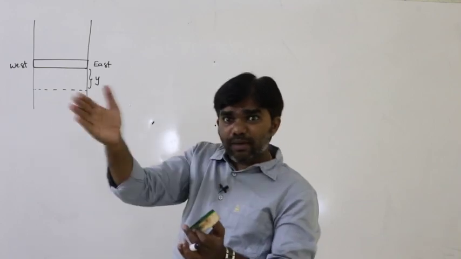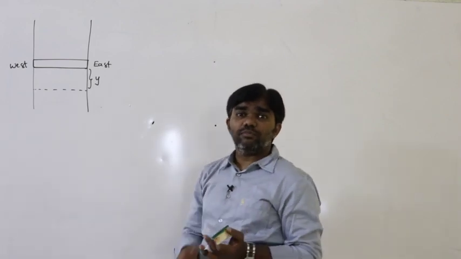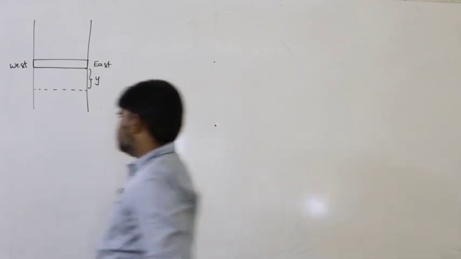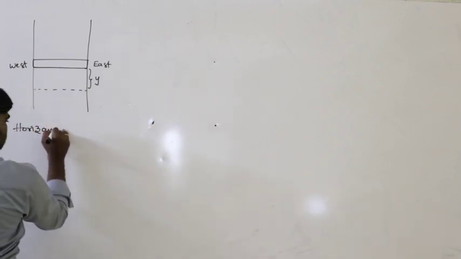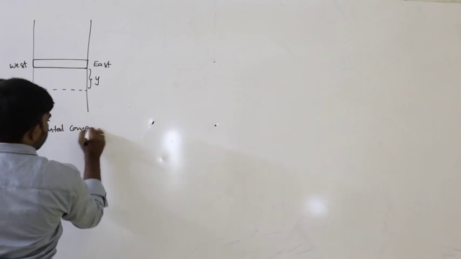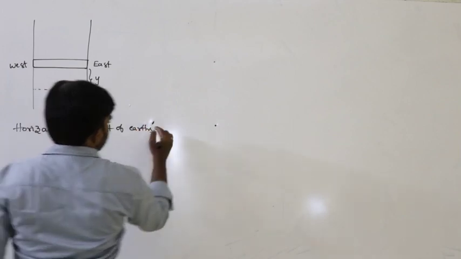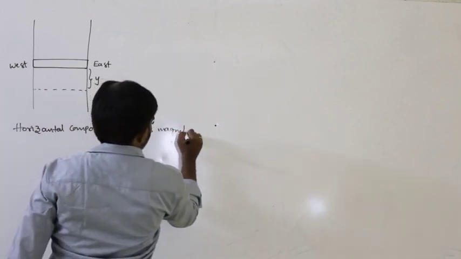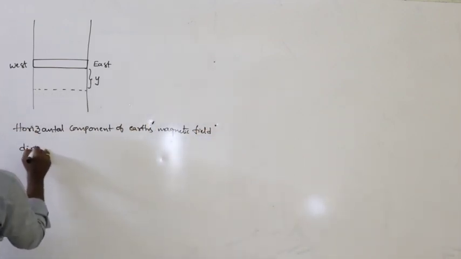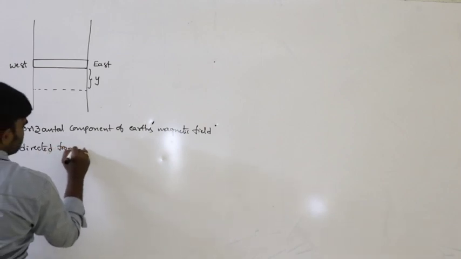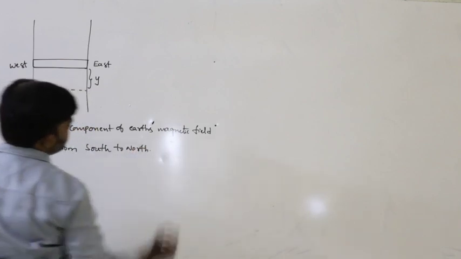This is the direction of the magnetic field, and as it moves downwards or upwards, definitely it cuts the horizontal component of Earth's magnetic field, directed from south to north, no doubt about this.